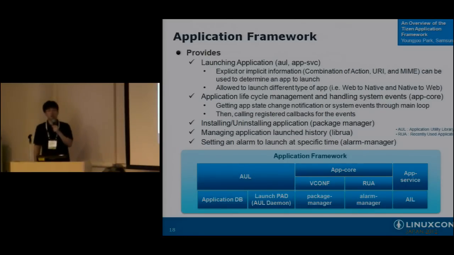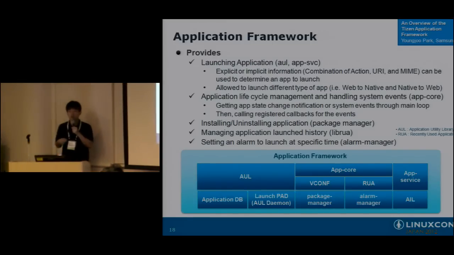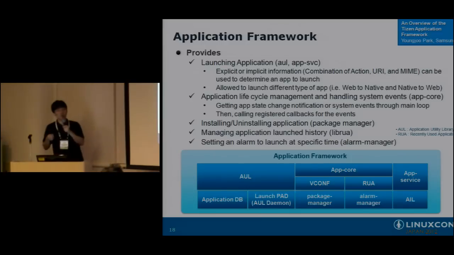The major roles of the application framework are launching an application, managing the application lifecycle, and handling the system events. It should handle installing and uninstalling applications, and it should manage the application launch history.